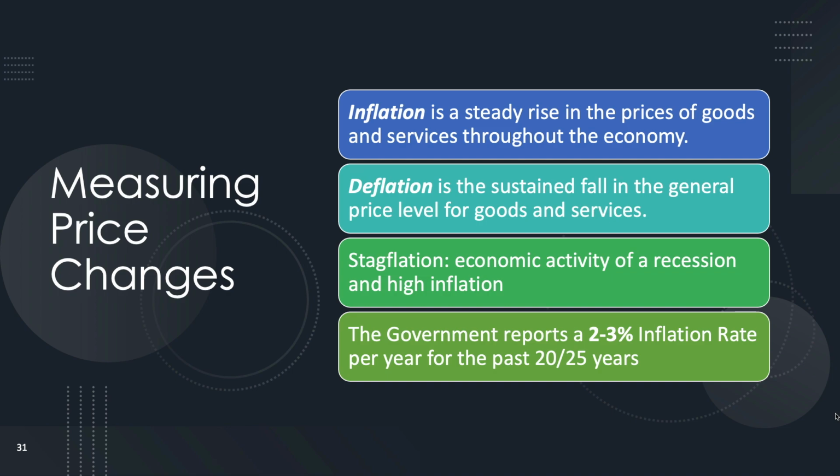Inflation. We are now in the middle 2020s, and inflation is really creeping away. The best way to describe inflation, I could give you the economic definition: it's a steady rise in the prices of goods and services throughout the economy.